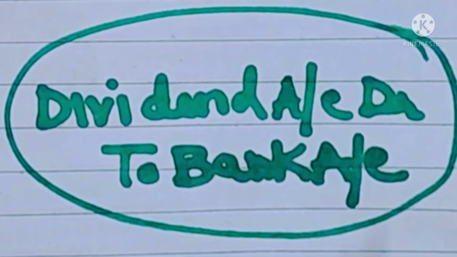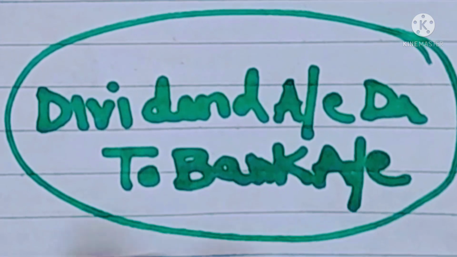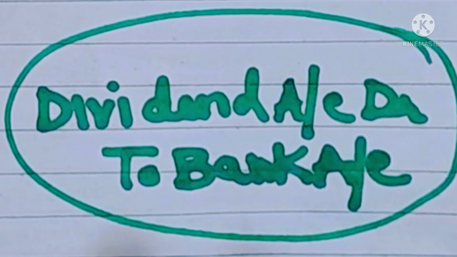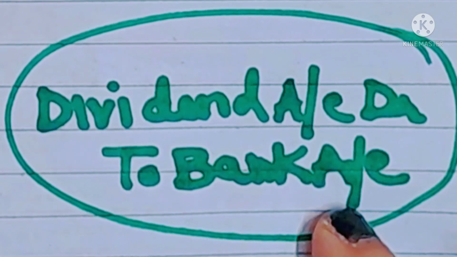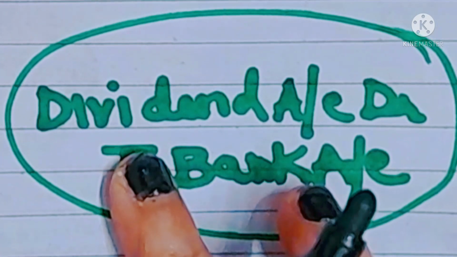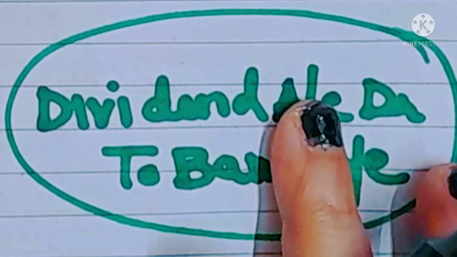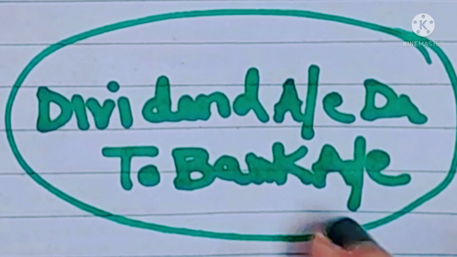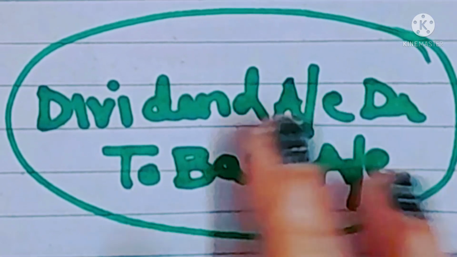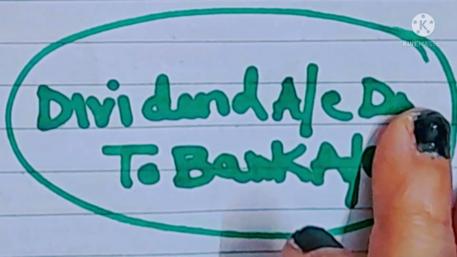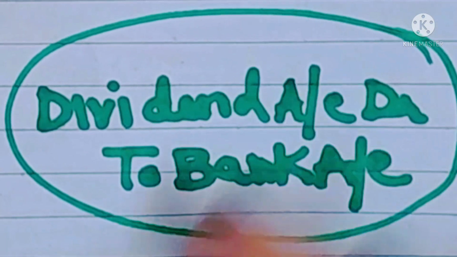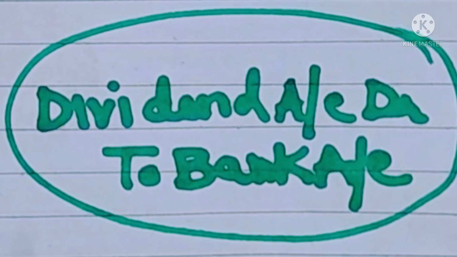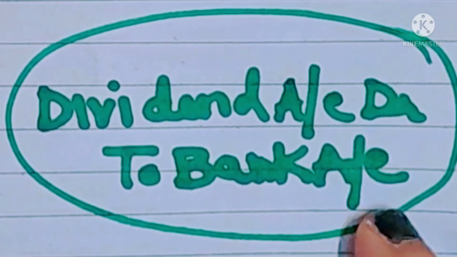Can you record this in a single column cash book? I have already explained earlier. Right? Dividend account is on the debit side, and on the credit side there is bank account. There is no cash account either on the debit side or on the credit side. I have told you, in order to be recorded in a single column cash book, you got to have a cash account either on the debit side or on the credit side. How can you record this in a single column cash book?